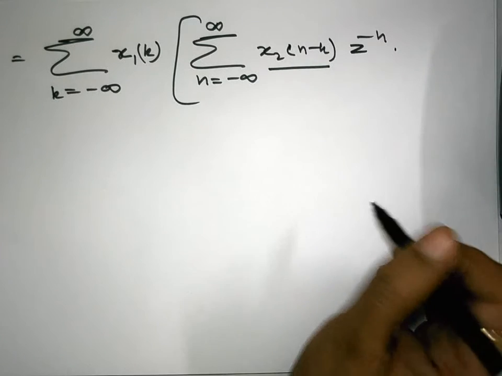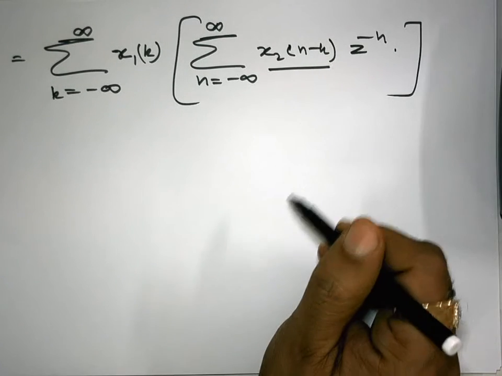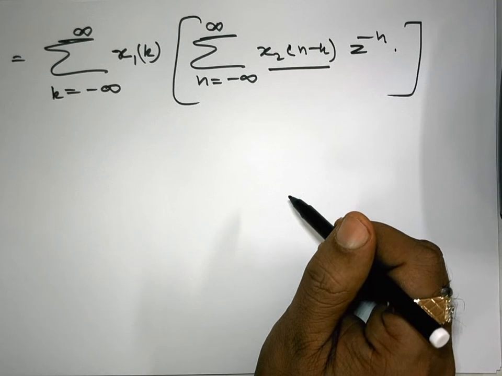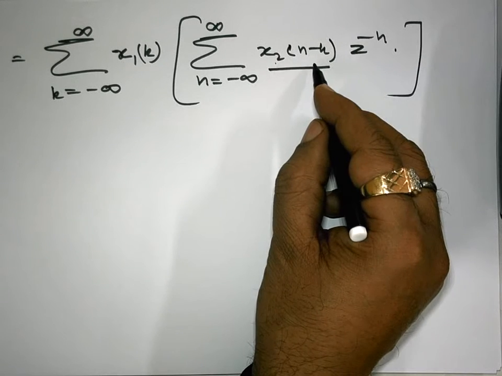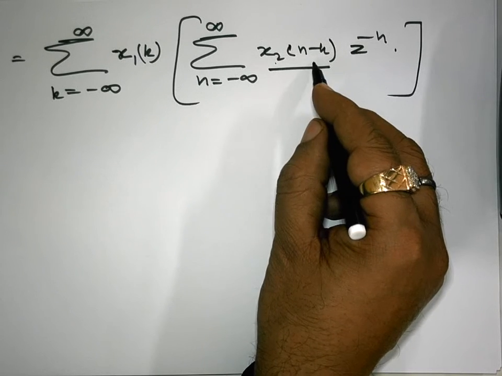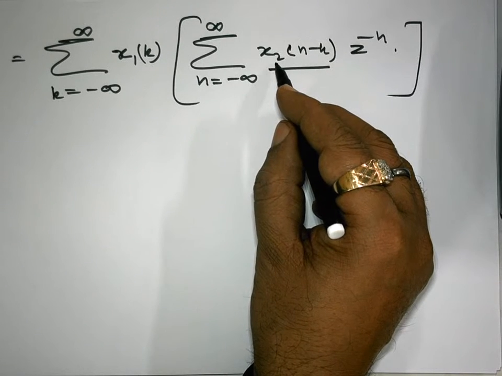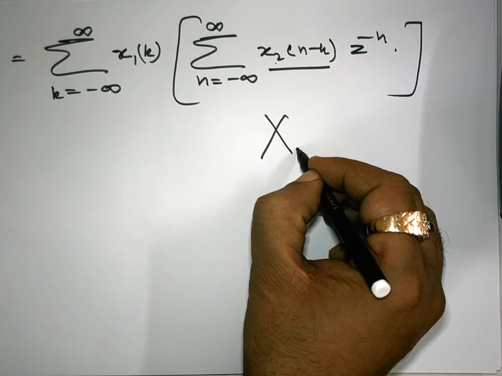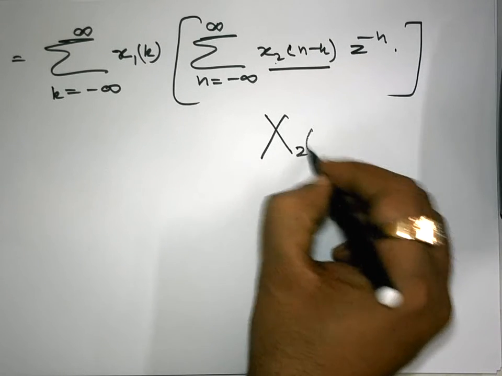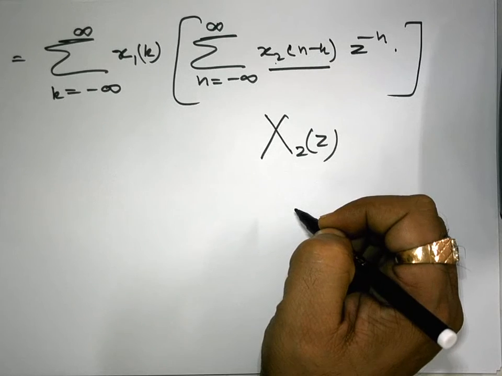Now if you apply the property of the shifted version of the signal, the Z transform of the shifted version, this happens to be z to the power minus k times the Z transform of x2[n], which we call X2(z).